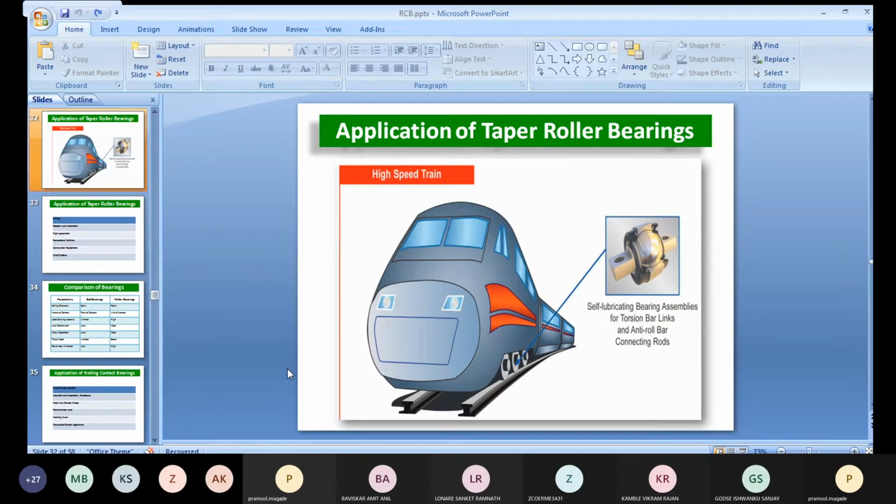So maximum thrust will be created at the time of moving or while taking turns. In that case, we'll have to use the taper roller bearing, and the race arrangement, the holding arrangement, is different because we fix it. If it is not fixed, because of the high speed and vibration, the rollers get removed from the bearing and directly harm the human. So to avoid that, we'll have to use the rollers.